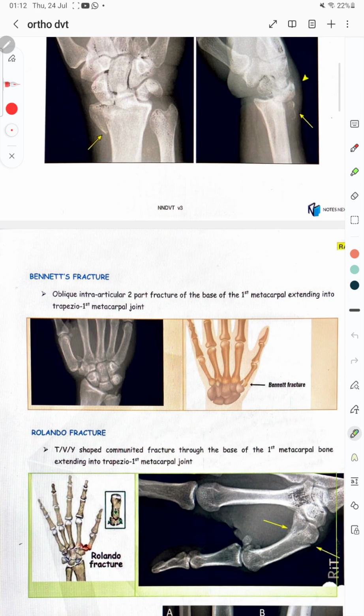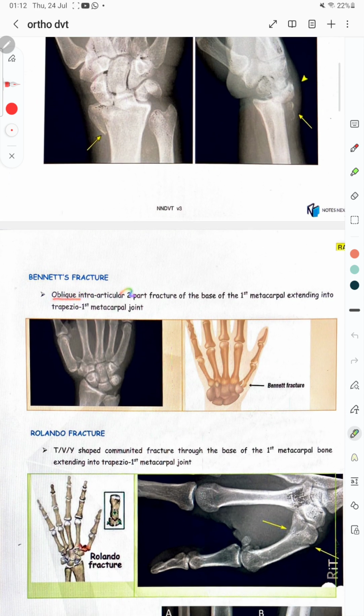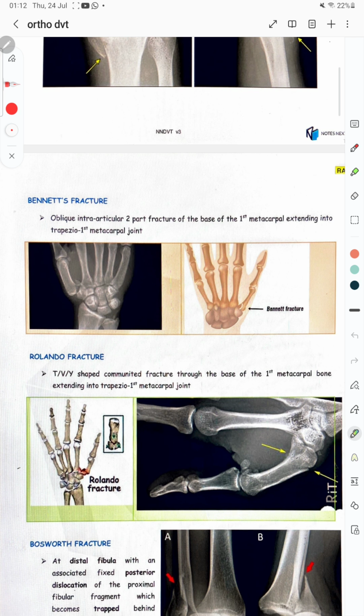Okay, then we have Bennett's fracture. Now Bennett's is an oblique intra-articular two-part fracture of the base of first metacarpal, which extends into the trapezio-first metacarpal joint.